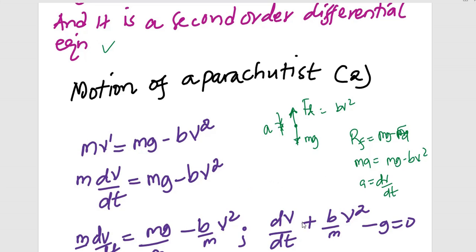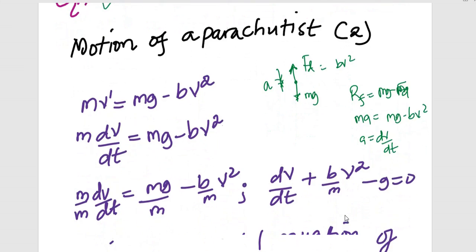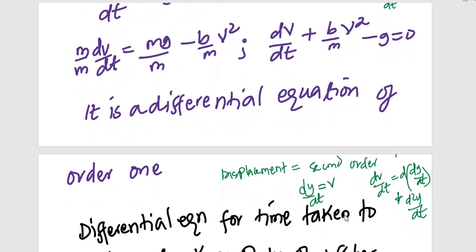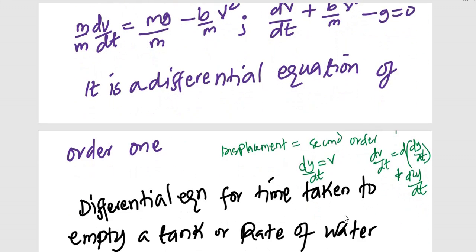If we simplify it, it will give us dv/dt plus (b/m)v squared minus g equals 0. This is a first order differential equation which can be solved in a number of ways. We can use separation of variables to solve it. We shall see that one in the future.